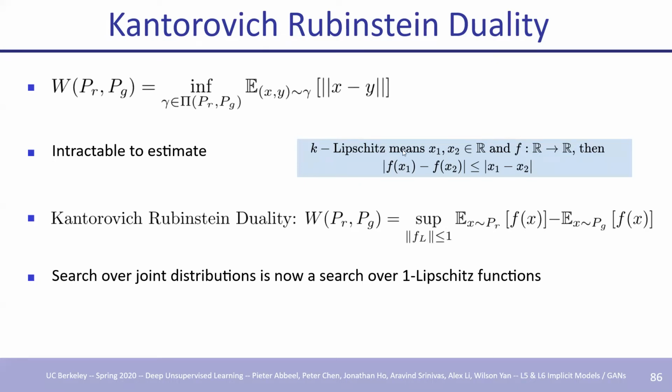Lipschitz means, if you have two points x1 and x2, then f of x1 minus f of x2 must be less than or equal to k times x1 minus x2. I made a mistake here; the k should be in front here.